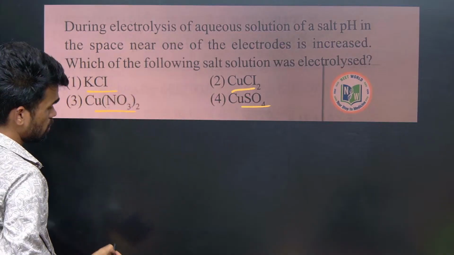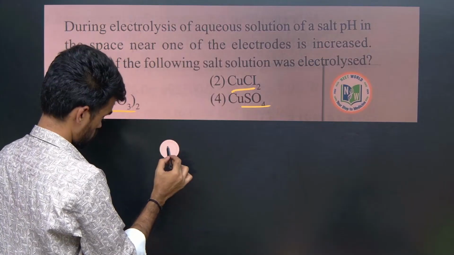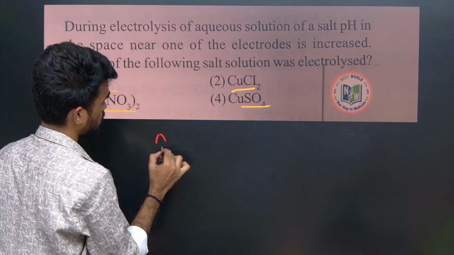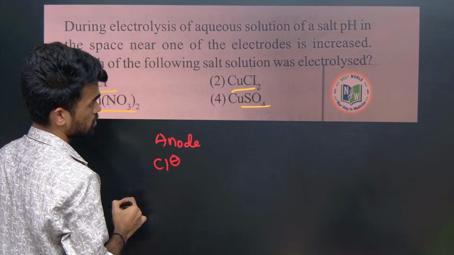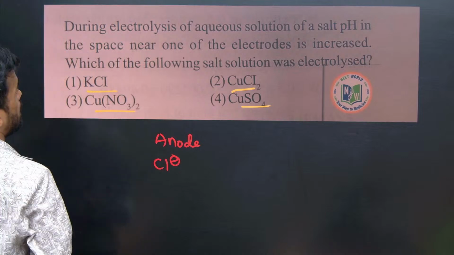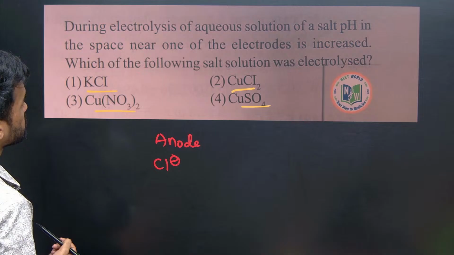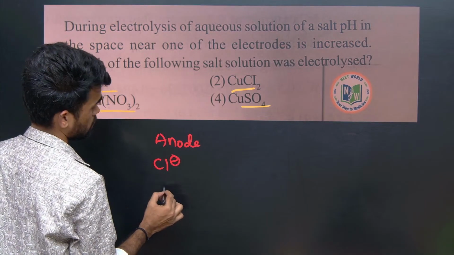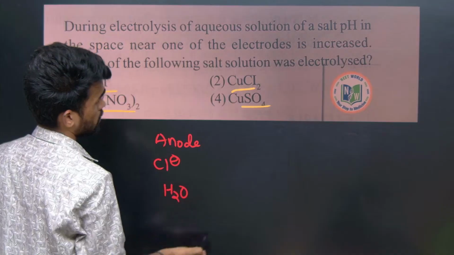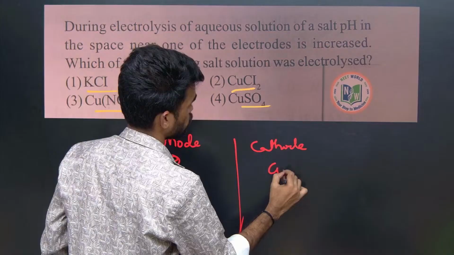Let us look into these two. What is the anode case? Cl minus, with electrodes. Here we have at anode Cl minus and H2O. Next, cathode, Cu plus 2.